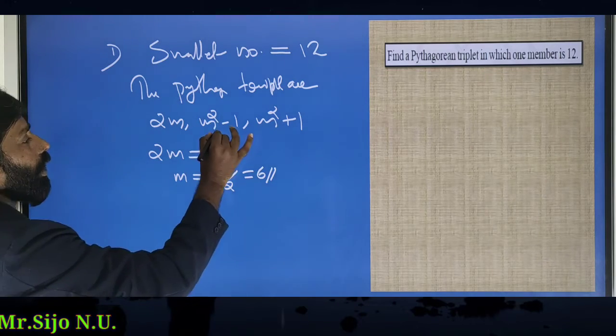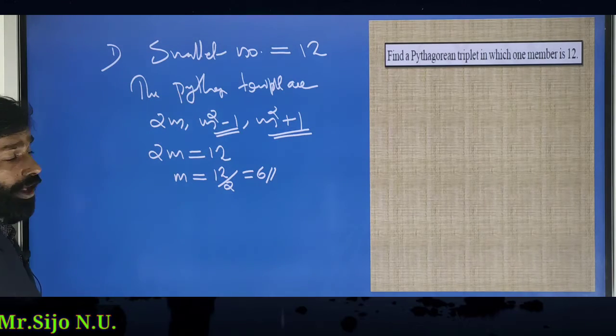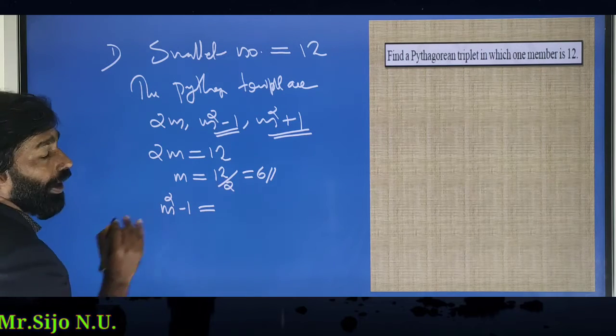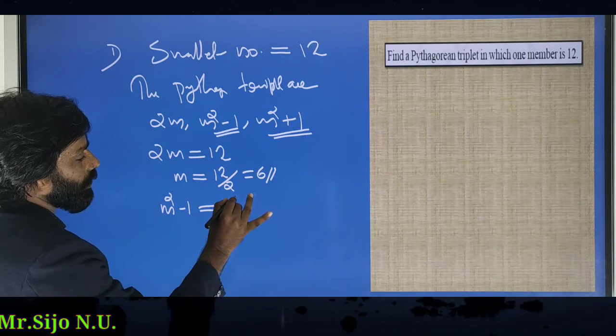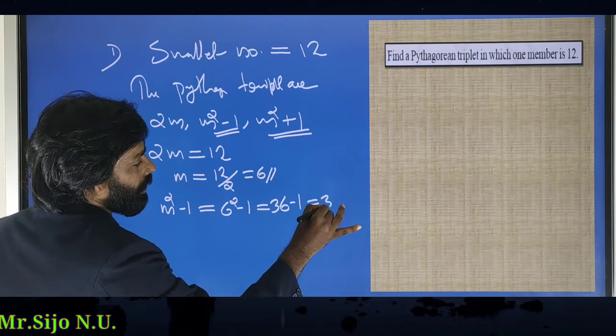Now we have to find the second and third numbers by using this formula. The second number is m square minus 1. The value of m is 6, therefore 6 square minus 1 is 36 minus 1, which is 35.